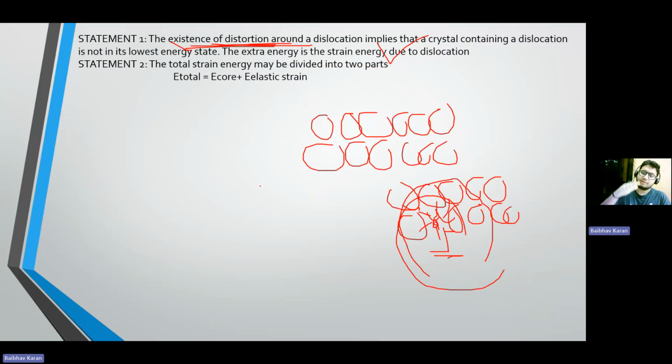From the lower energy state to the energy state it is in now, there will be a difference, and this extra difference is stored as strain energy in the material. The total strain energy, as we discussed, is given by E total equals the energy of the core plus the energy due to the elastic strain produced by the dislocation. So this statement is quite true. Both the statements are quite true, right?